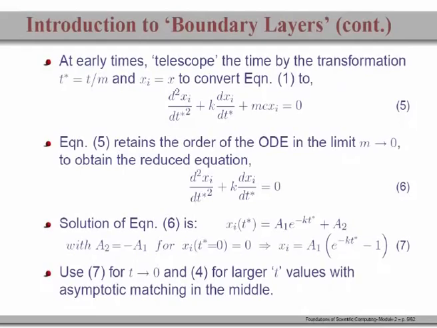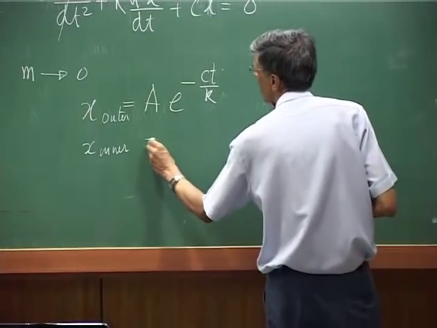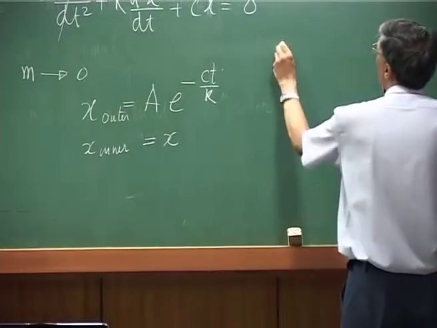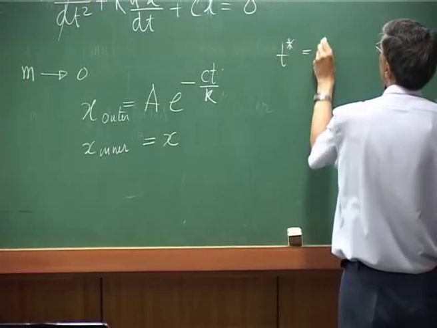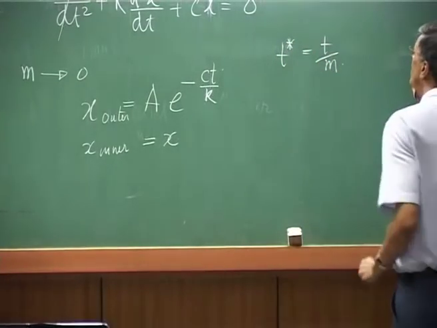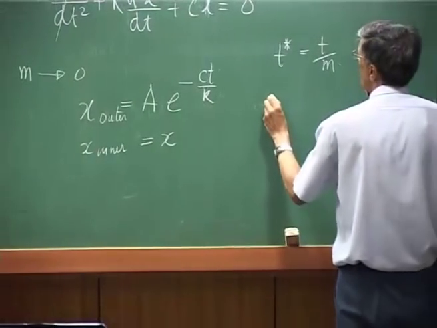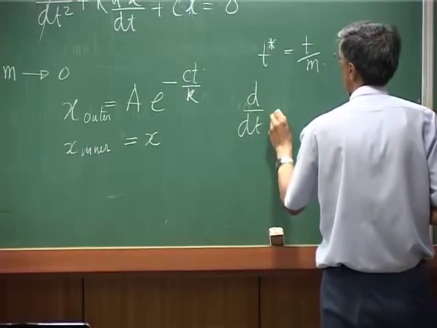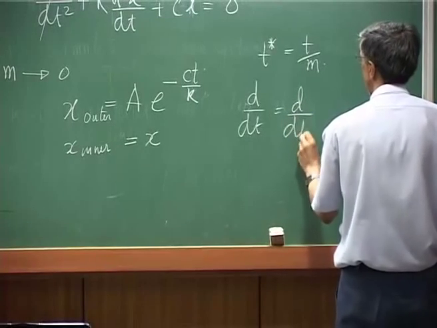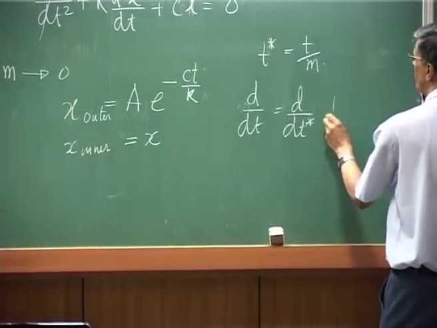And now, if I call this solution x I, or x inner, then I could transform this equation. What you are noticing here is that x I is denoted as the solution, and we are using t star as t by m. Then any derivative d by dt star gives you 1 over m.